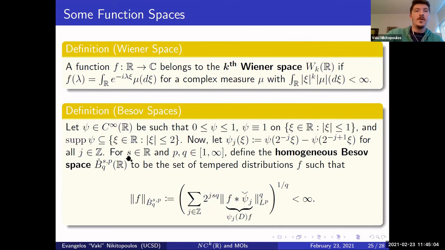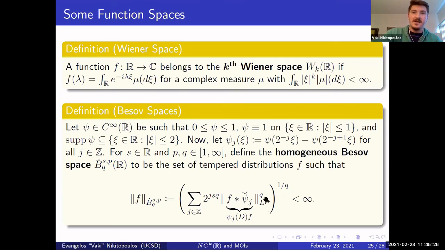Now for a smoothness parameter s, an integrability parameter p, and a Littlewood-Paley summation parameter q, we're going to define the homogeneous Besov space B dot s,p,q of R to be the set of tempered distributions F on R such that the following semi-norm is finite.